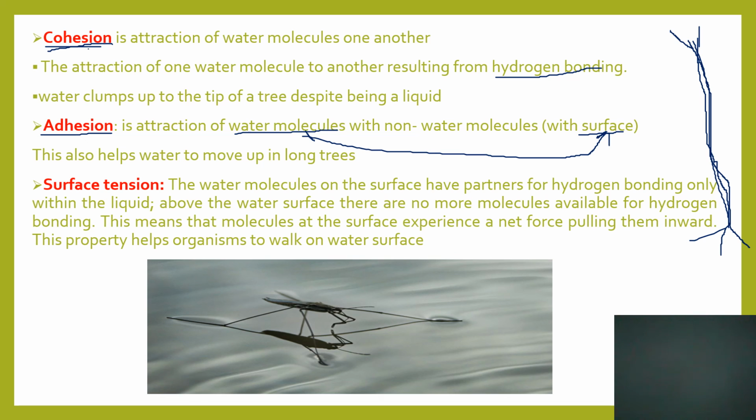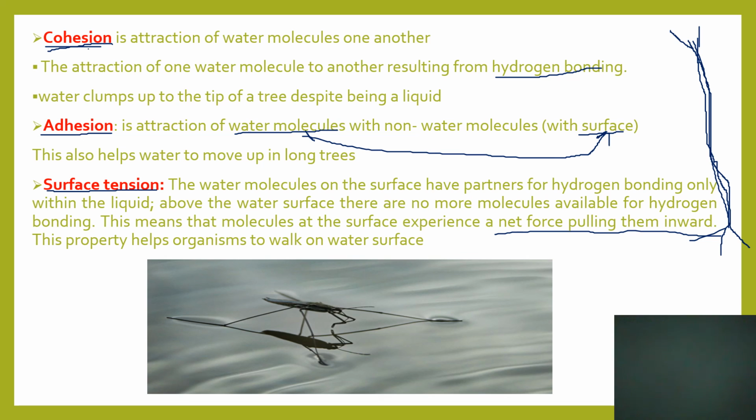The other water property is surface tension. The water molecules on the surface have hydrogen bonding only within the liquid, but above the water surface there are no water molecules available for hydrogen bonding. This means that molecules at the surface experience an inward force pulling them inward.